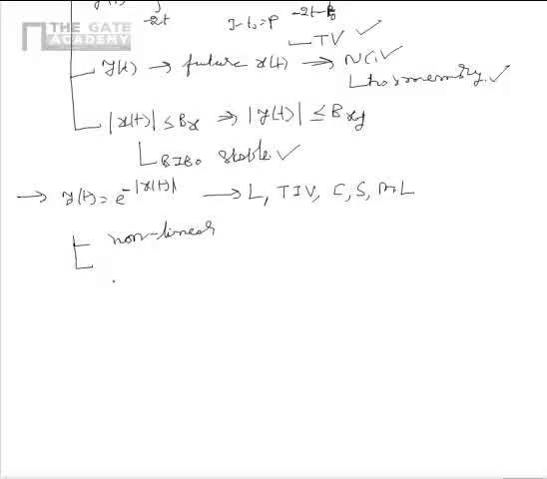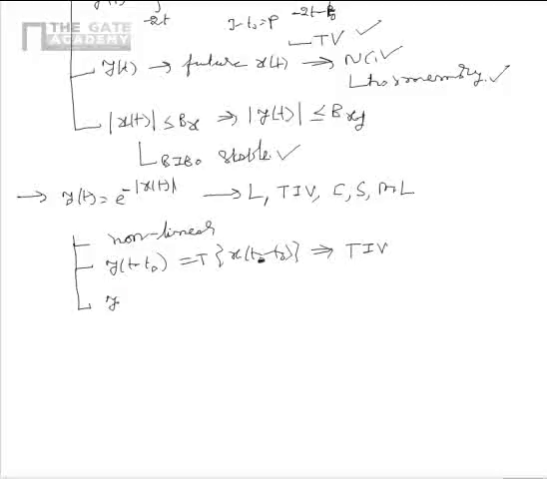So the system is nonlinear. Also, we can see that the delayed version of output, y of t minus t naught, is equal to the output due to the delayed version of input. So from this we can see that the system is time invariant.